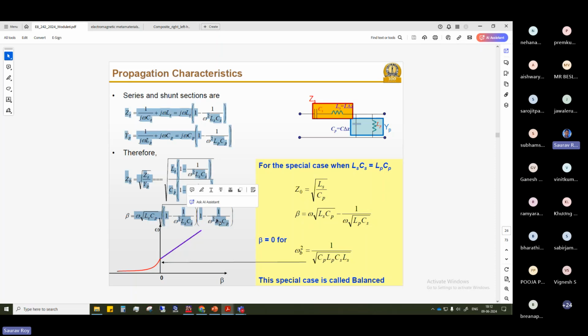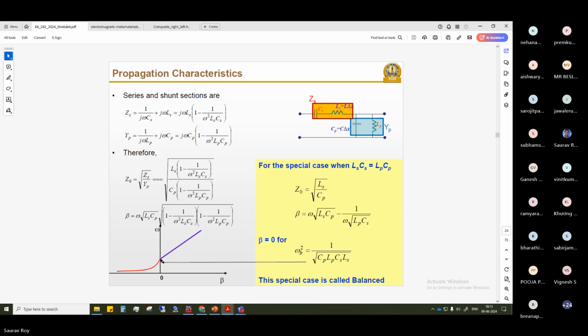And then what happens? If beta is 0, which you can calculate, what should be the frequency? That means this point here, this is the origin. At this point, if you go above here, beta is actually 0. That means if you operate at this frequency of the transmission line, there will not be any phase shift at all.